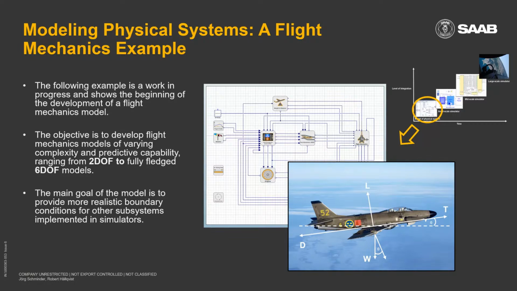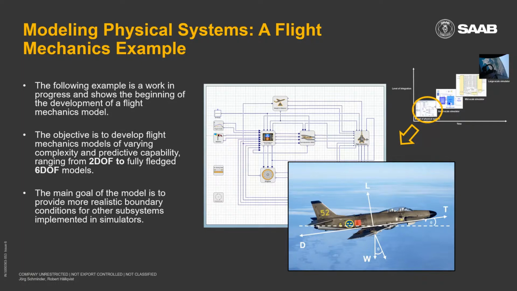And so the model which we have at the moment is a 2 DOF model. 2 DOF is for 2 degrees of freedom. However, that will be only the start. We are continuing to develop more models, 3 DOF up to 6 DOF.